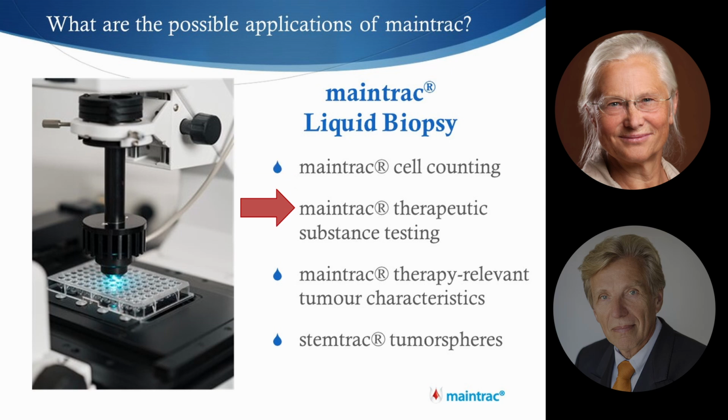But in addition, we can also test therapeutic substances on the cells directly. And in some cases, it's necessary to know the characteristics of the tumor cells for therapy design. That's our therapy relevant tumor characteristics. And finally, we can also test for cells that are capable of dividing in vitro and forming tumor spheres.